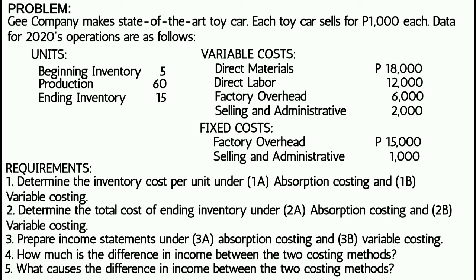Requirement number 3, prepare income statements under absorption costing and variable costing. Requirement number 4, how much is the difference in income between the two costing methods? And requirement number 5, what causes the difference in income between the two costing methods?